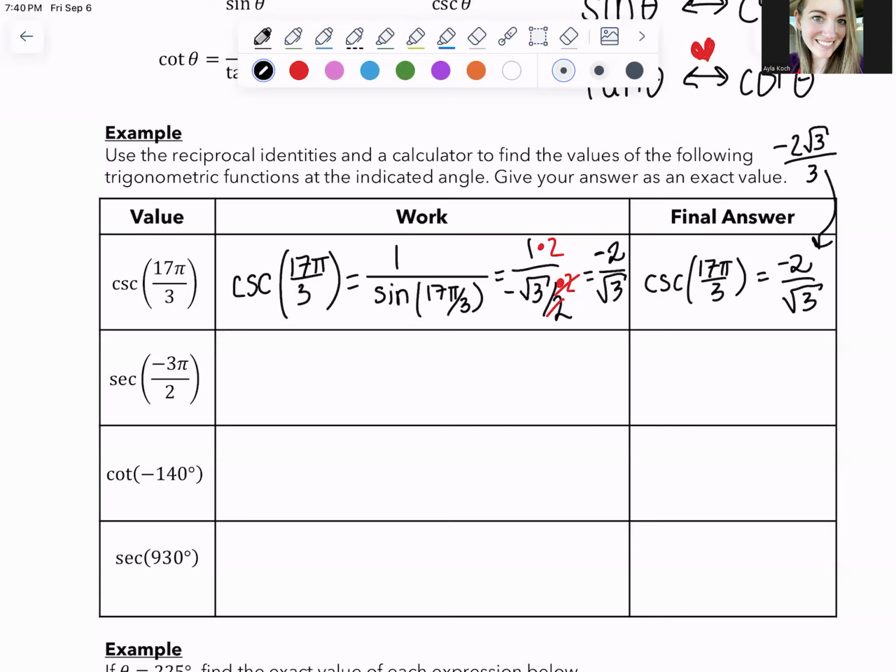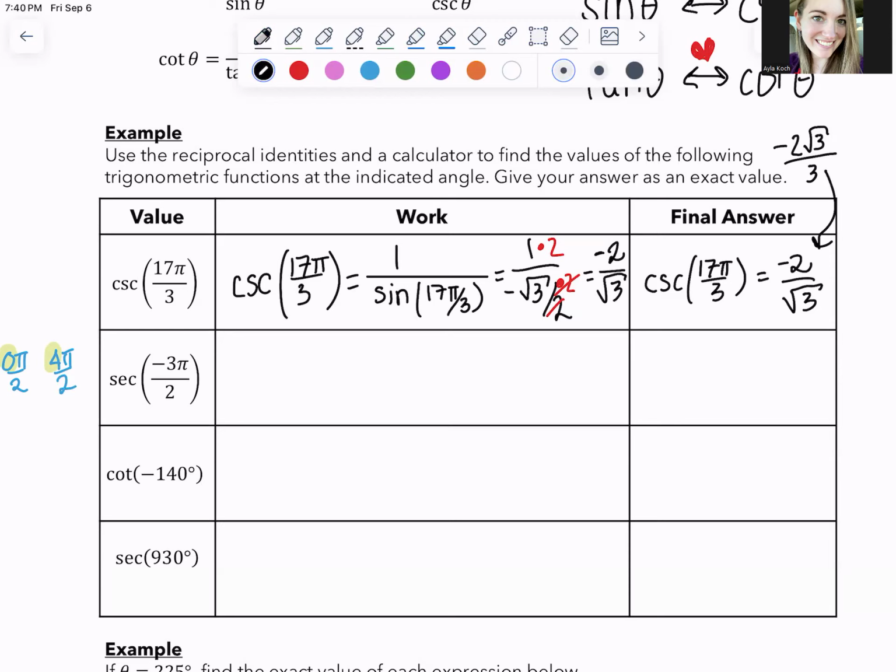Secant of -3 pi over 2. So again, we're looking for a coterminal angle. I'm going to do the math. So we're looking for an angle between 0 pi over 2 and 4 pi over 2. So we want the numerator to be between 0 and 4. I'm going to do the math real quick on here so that I'm not writing out every step, but maybe you can kind of follow along with the logic there.